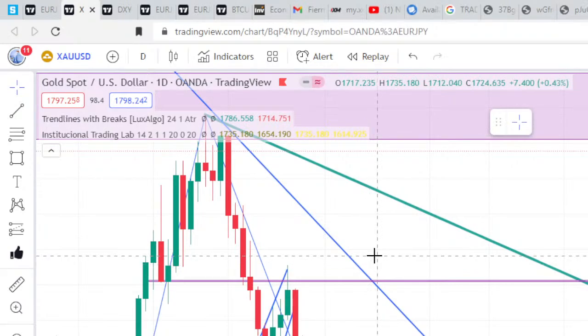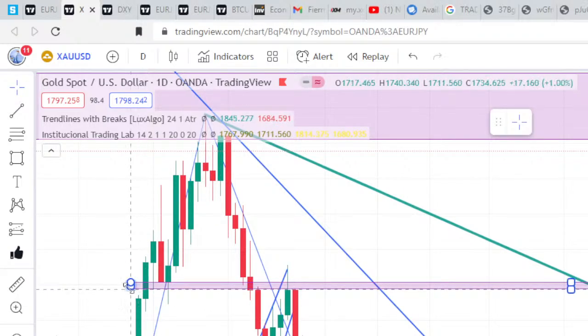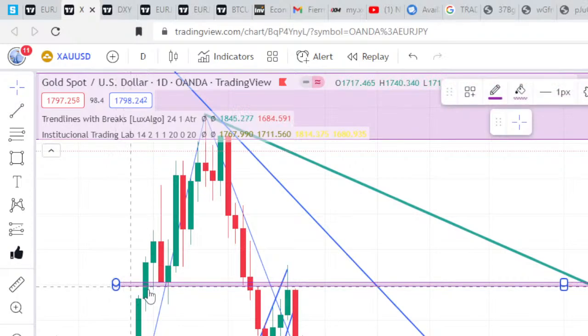Okay, so we were talking about why I selected this zone as one of my resistance zones. This is a daily time frame, so every candlestick on this chart represents 1 day of movement. You can see we saw some resistance around this zone, where candles come up and go back down to this place.